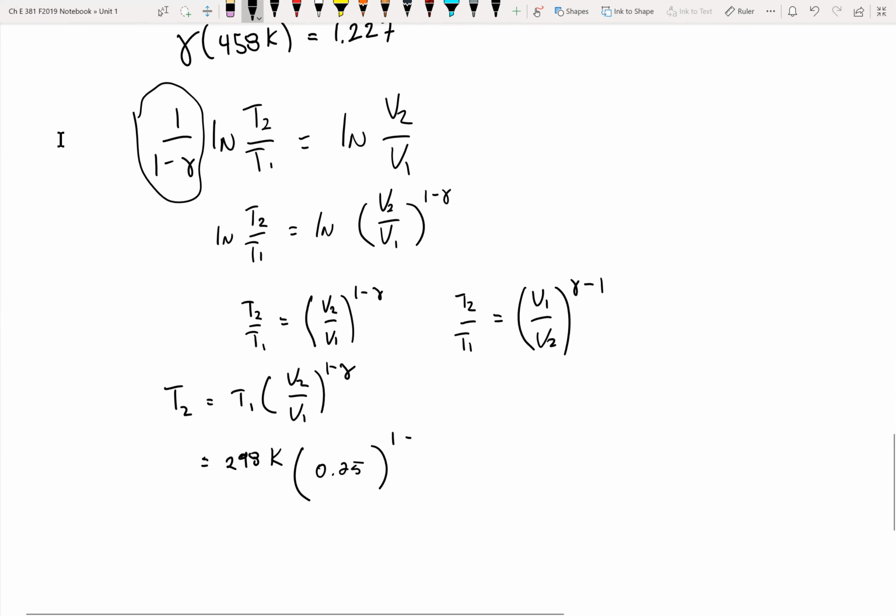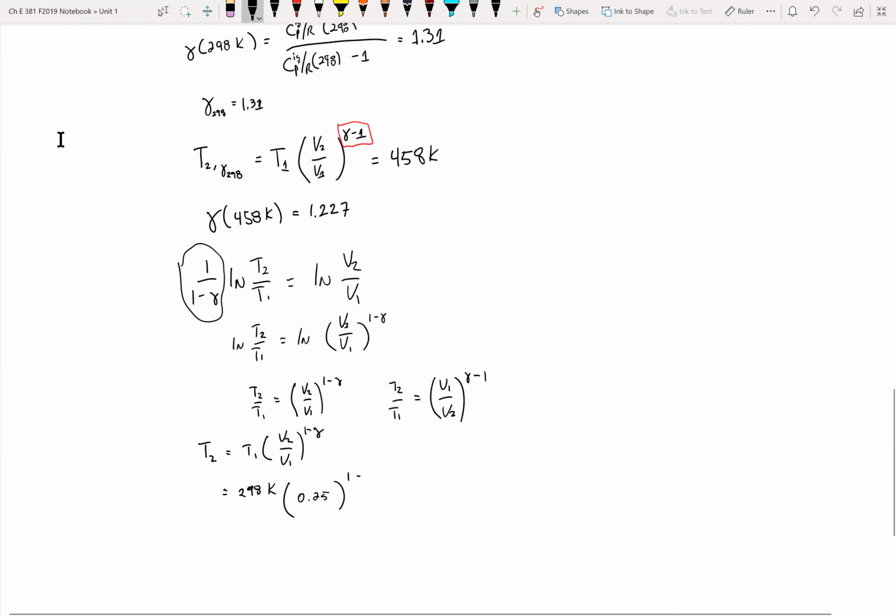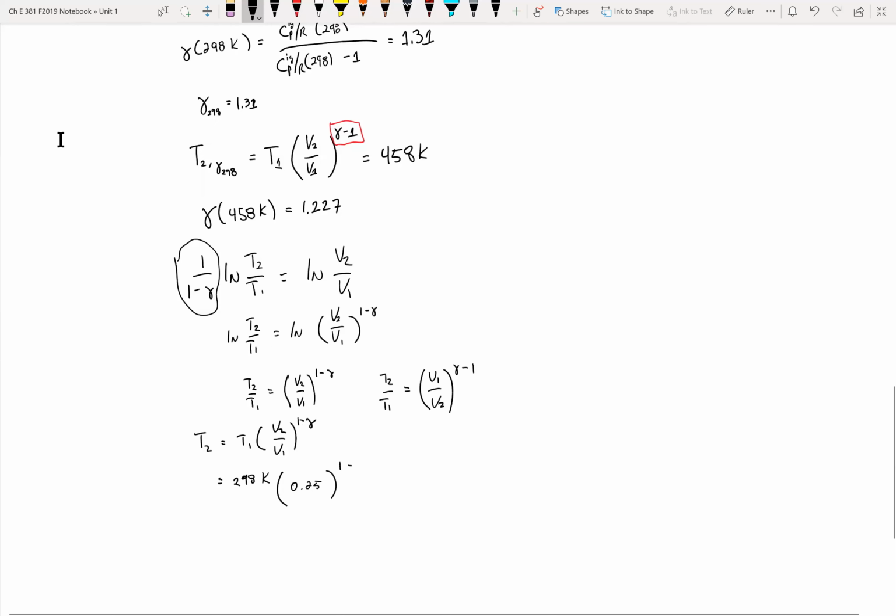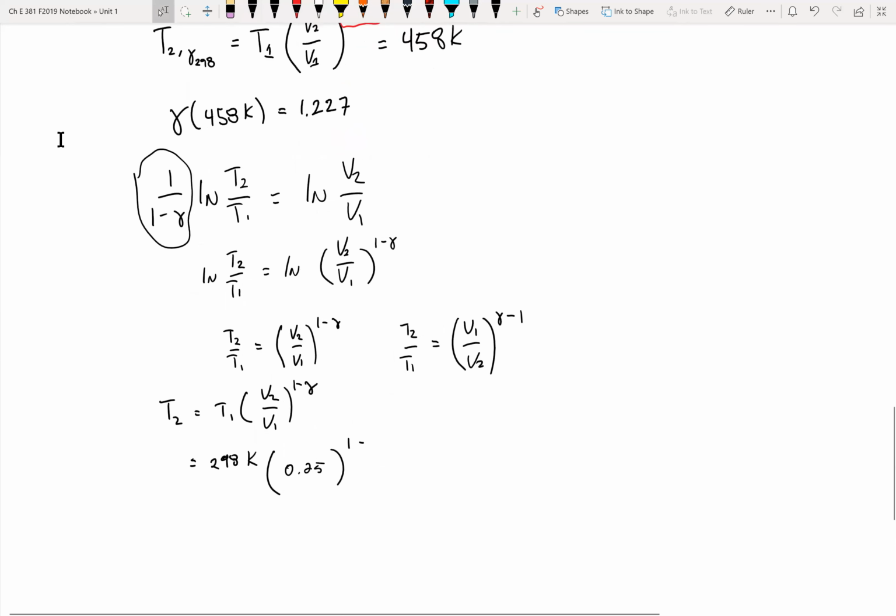The exponent is one minus gamma. The gamma that I'm using is 1.31. So that was the gamma that we calculated at 298 K. So that's 298 Kelvin times 1 over 4 to the negative 0.31 power.